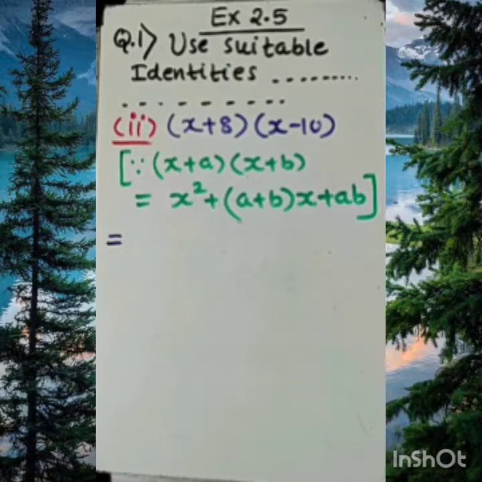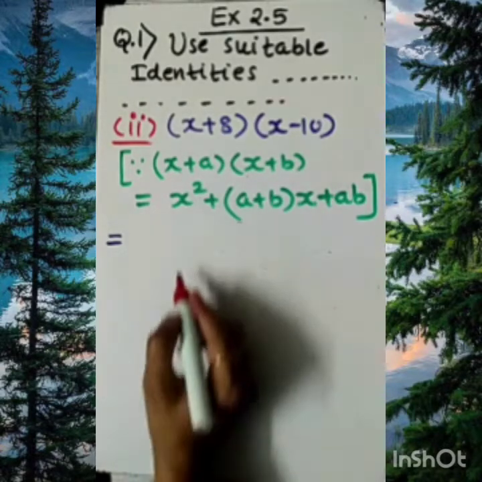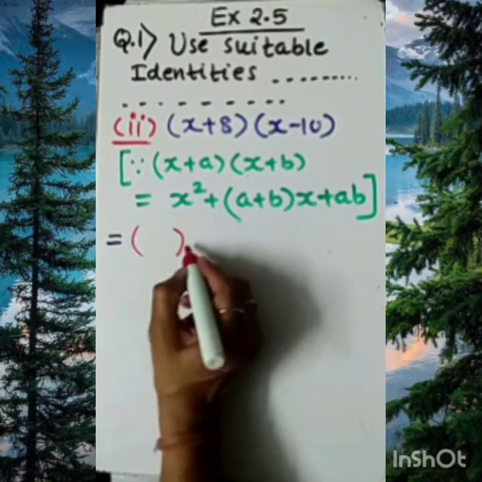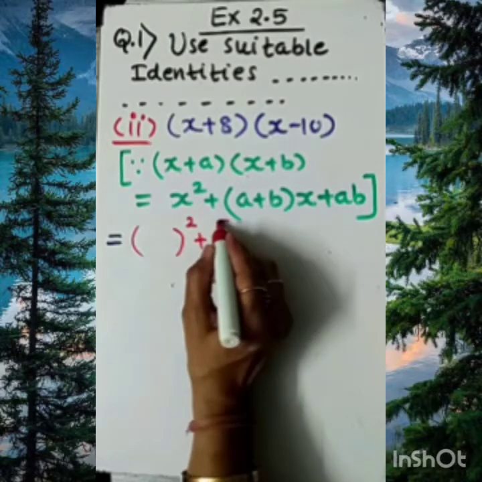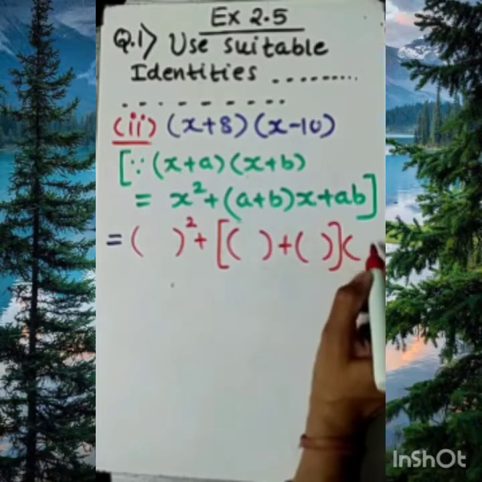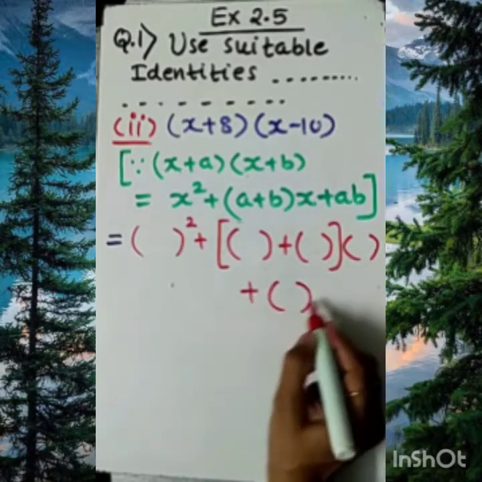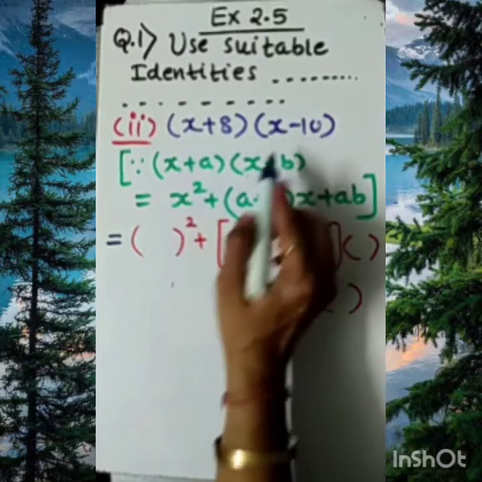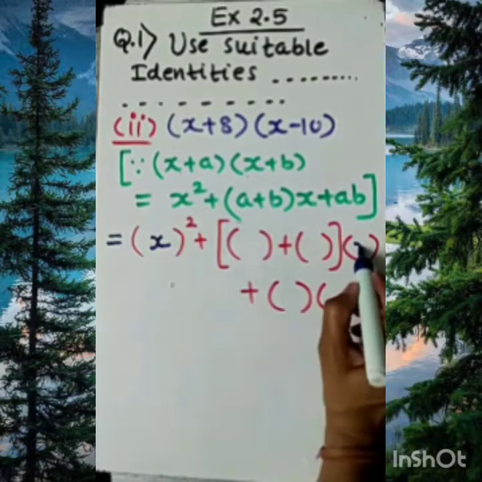So dear student, first of all we need to mention, according to that, x square plus (a plus b) x, and here x plus ab. If I compare, the first term is x, then here also x, same. So I am writing x here.